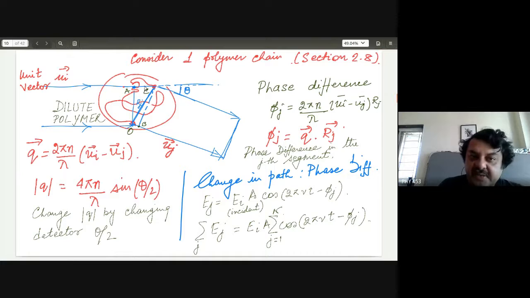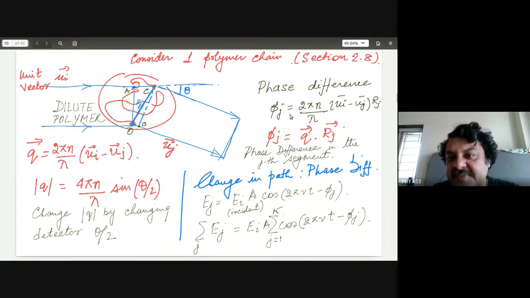And we can calculate the path difference, which is the distance AC that this light has traveled extra, and OB, and the difference between these two distances gives the phase difference between this and this.